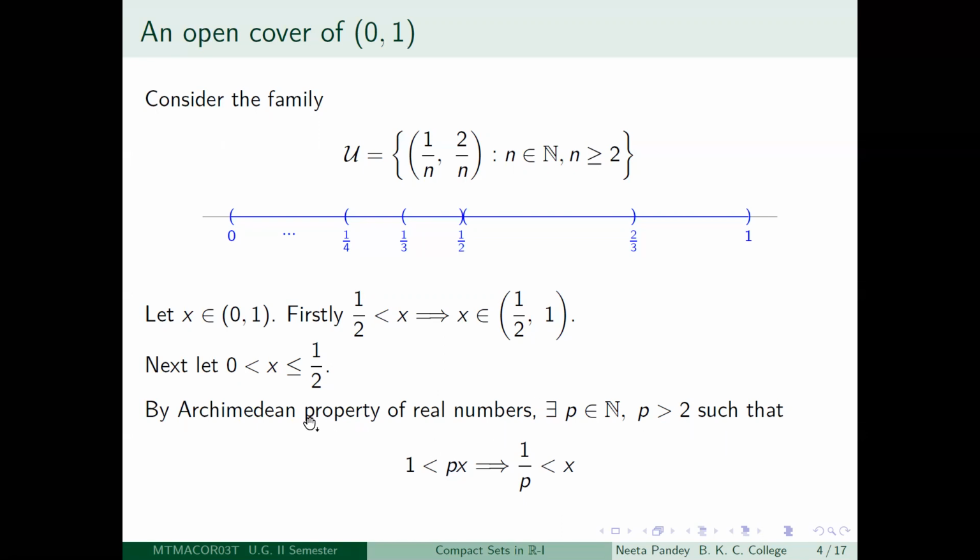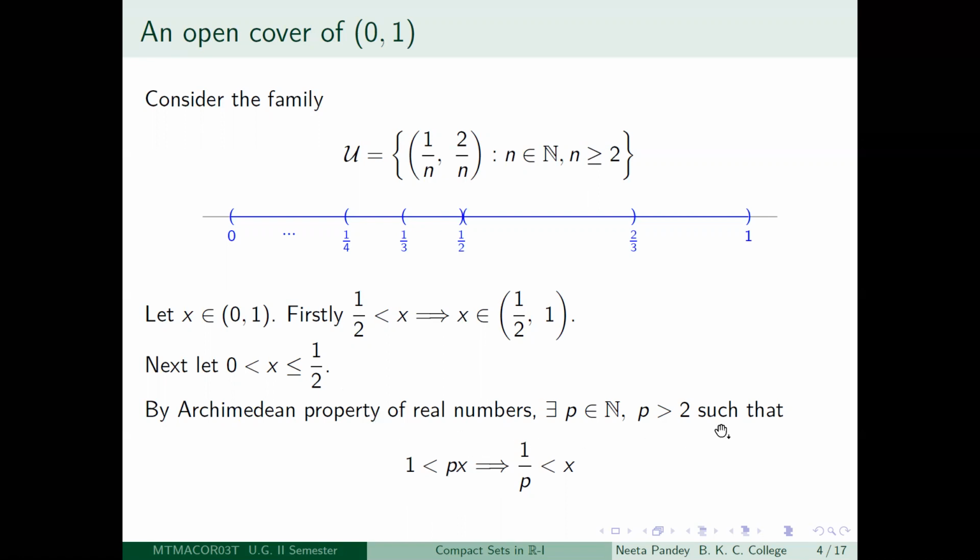So when you are applying the Archimedean property, that is ensuring you that you will be able to get a positive integer p so that px is greater than 1, and it is clear that p has to be greater than 2 because till 2x the number is going to be less than or equal to 1. So it has to be at least 3x or 4x or any number p which is greater than 2. Very good.